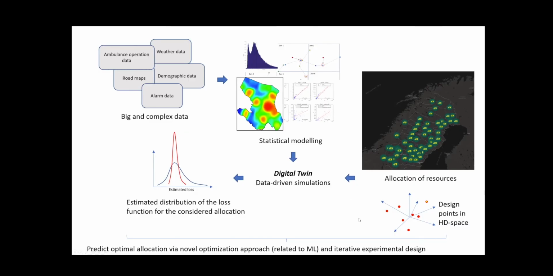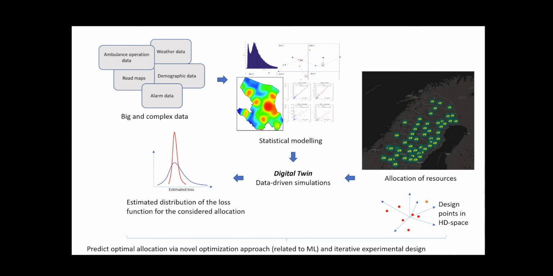This digital twin is of course independent of what allocation we consider. There are numerous ways we can allocate our resources. So we may regard each allocation as a design point in a high-dimensional space. It's not hard to realize that for each ambulance, we have a lot of options, such as when the ambulance should be scheduled, and that may vary between different weekdays, and so on.